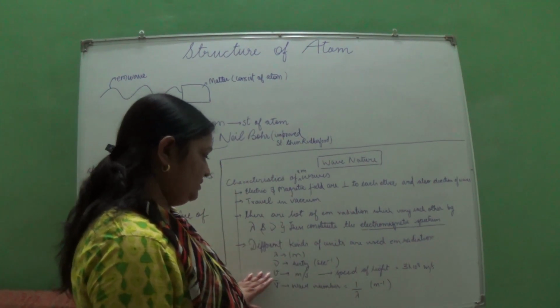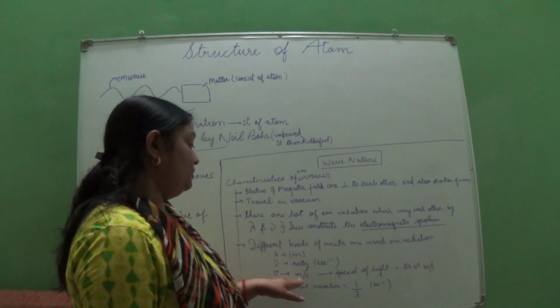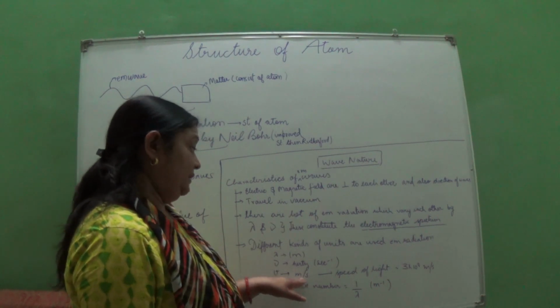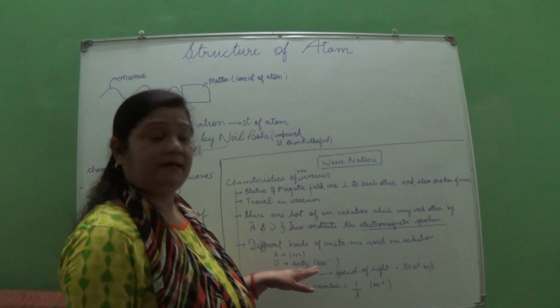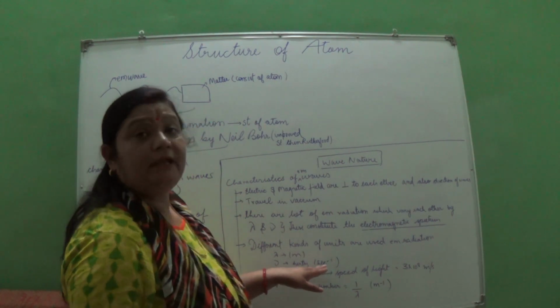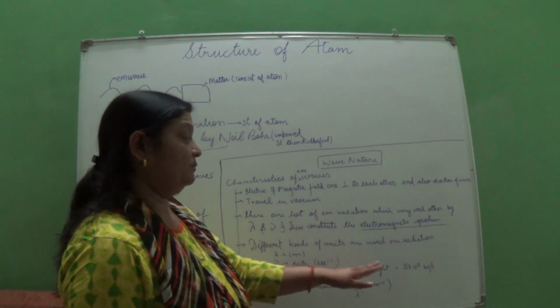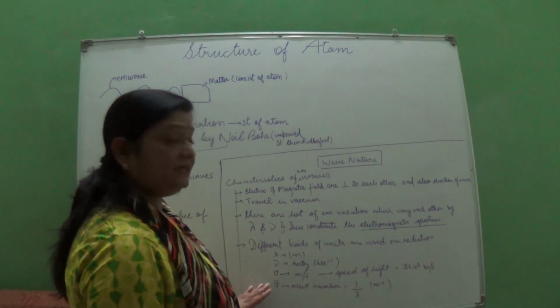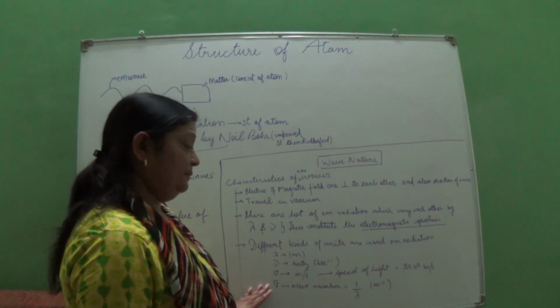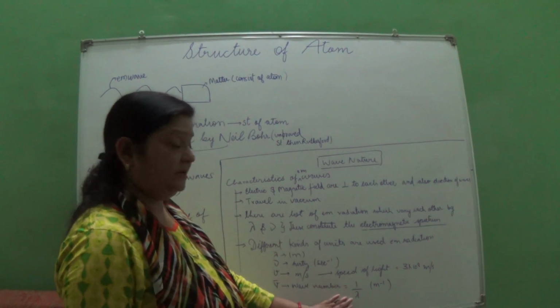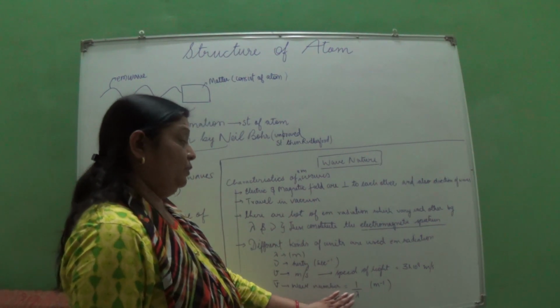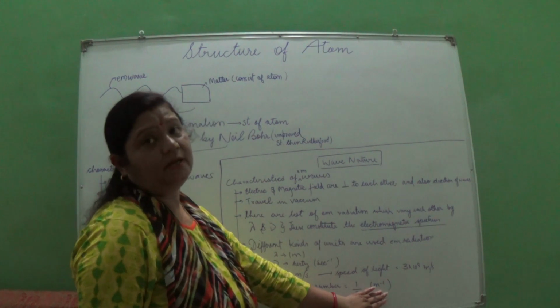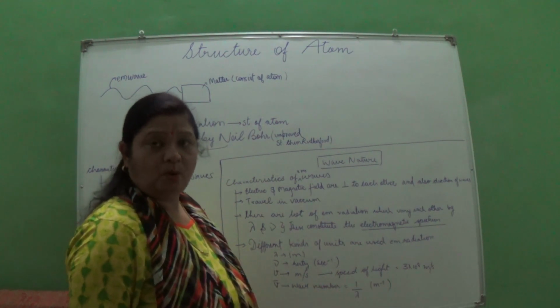Next is velocity, whose unit is meter per second, and the velocity of electromagnetic waves is equal to the speed of light. So it becomes 3 into 10 to the power 8 meter per second. Next is the wave number. It is represented as 1 upon lambda, that is 1 upon wavelength, and so its unit becomes meter inverse.